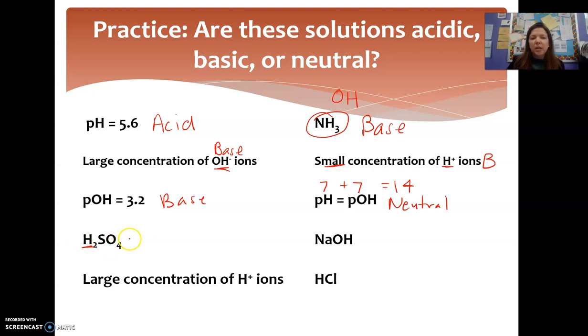We said in our notes that if it starts with an H, or hydrogen, it's going to be an acid. And on that same note, we said if your formula has OH, hydroxide, it's going to be a base. Down here, large concentration of hydrogen ions. What is it, acid or base?